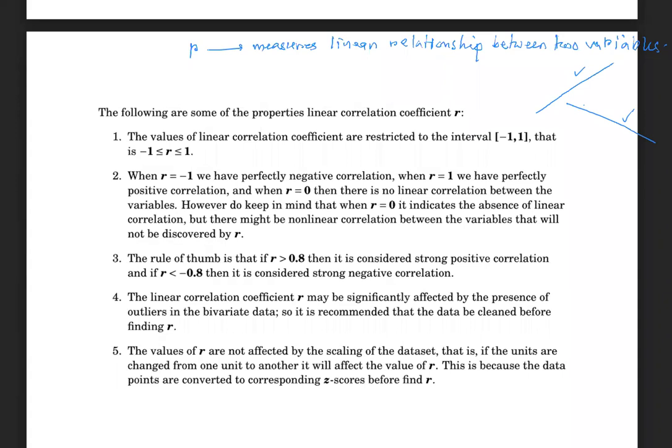Think of negative correlation. For instance, right now gas price is high, right? If gas prices go up, what happens to the number of miles you drive? It goes down. If gas prices go up, the number of miles you drive goes down.